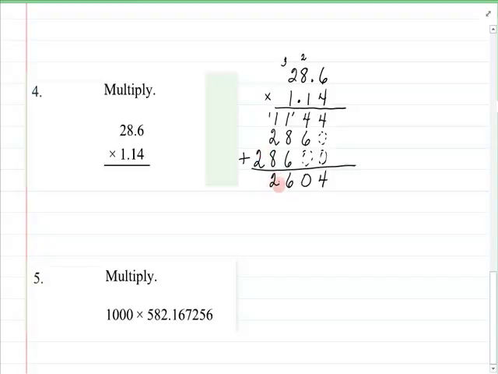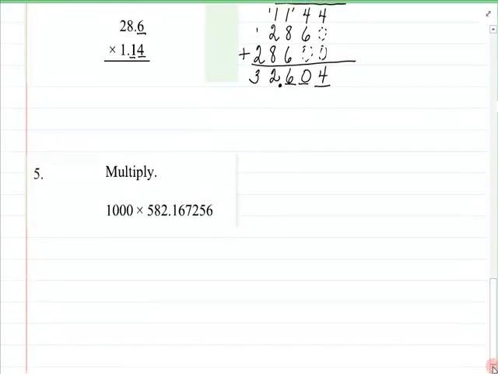That's going to be 12, carry the 1, and that's a 3. Now, where will my decimal go? Well, I have 1, 2, 3 decimal places. So 1, 2, 3 decimal places. The answer is 32 and 604 thousandths.